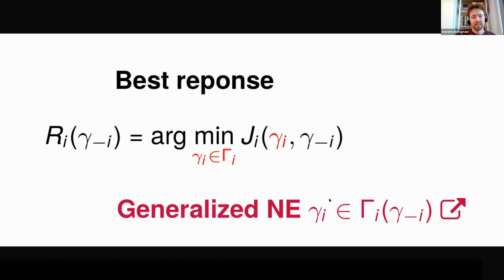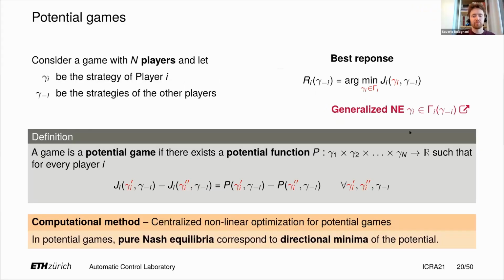You can actually extend a lot of these results to the case where this capital gamma is a function of what the others are doing, which makes some sense, for example, in robotics applications where you want to avoid collision. Like once you know the paths of the others, you're restricting your possible actions. This requires some care, and there are going to be a couple of pointers to papers that you can use as a reference.